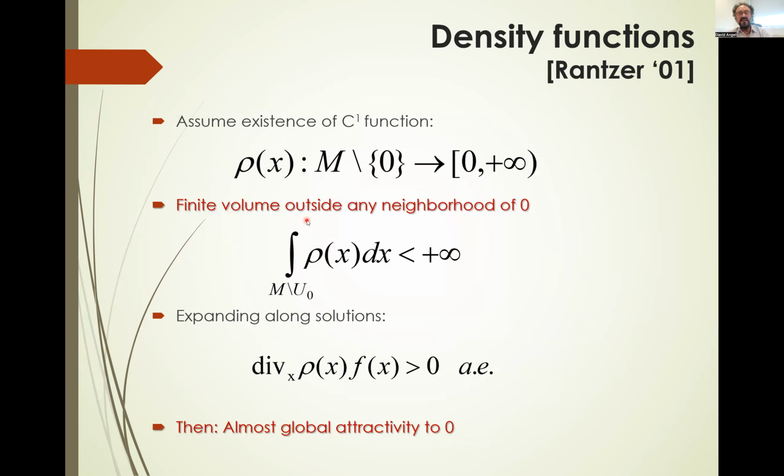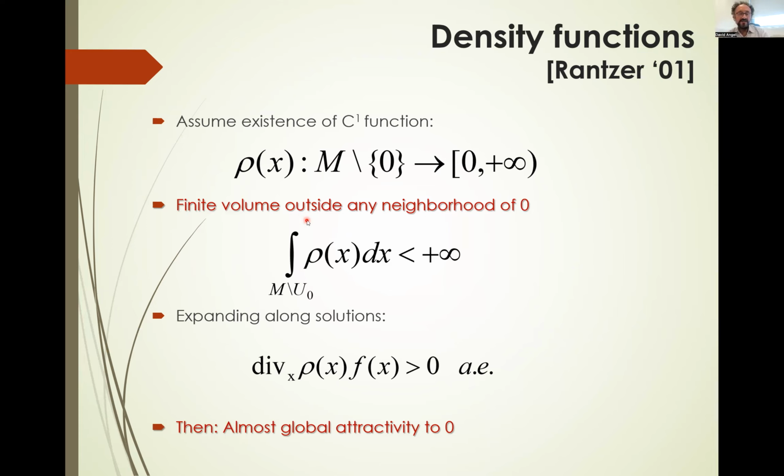And one way to study this is by using density functions. So you basically define a function rho of x, which is C1 everywhere in your state space except at the origin, where you want to converge, and you make sure that its integral is finite as soon as you remove a neighborhood of the origin.